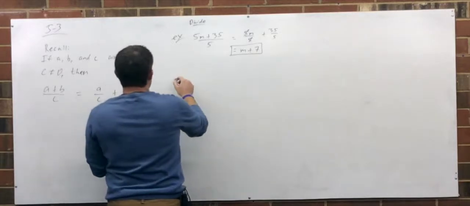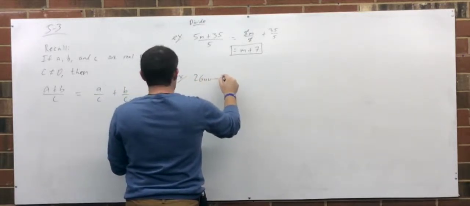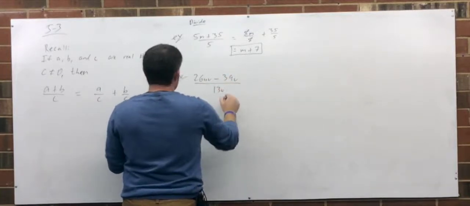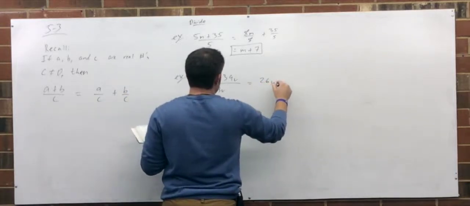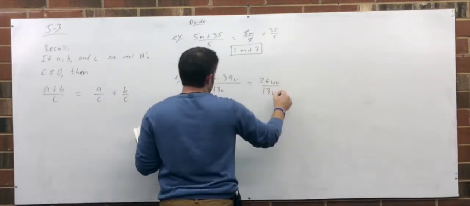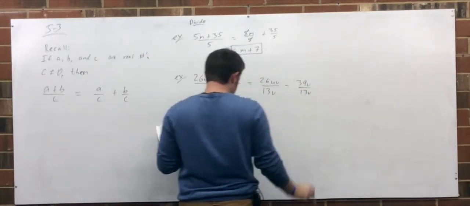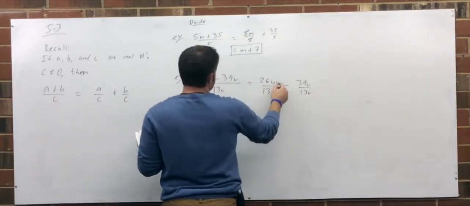All right, so let's look at a couple other examples. 26uv minus 39v divided by 13v. We're going to do the same thing here. We're going to split it up over the denominator. 26uv over 13v minus 39v over 13v. And then we'll just start canceling stuff out.